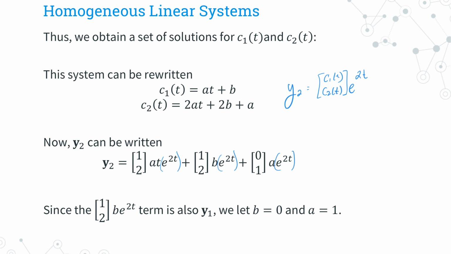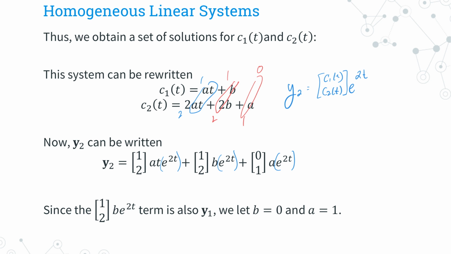What we said is here, take the coefficients of the at, which would be 1 and 2, and then the coefficients of the b, which are just 1 and 2, and then the coefficients of a, which are 0 and 1. And that's where each of those vectors came from.